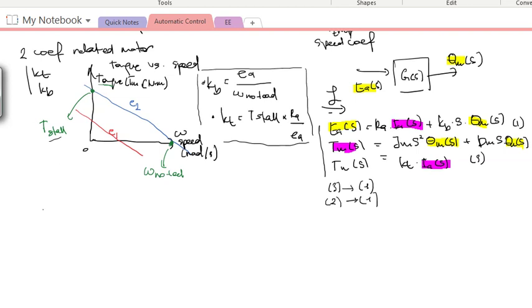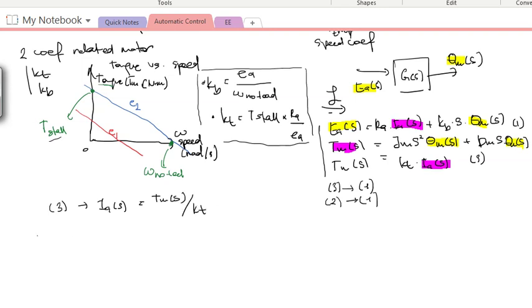If we replace equation 3 in equation 1, we want IAS, which is basically TMS over KT.